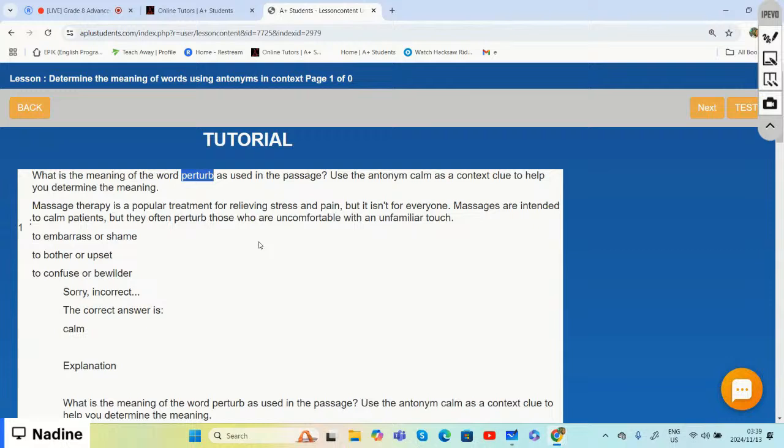So, massages are supposed to calm patients, but they often perturb those who are uncomfortable with unfamiliar touch. So, perturb is to bother, upset, confuse, or bewilder.